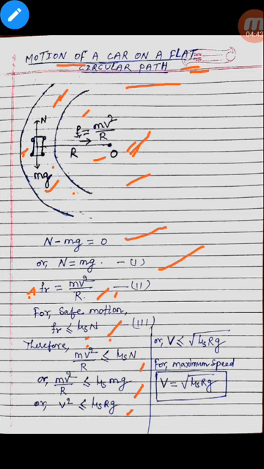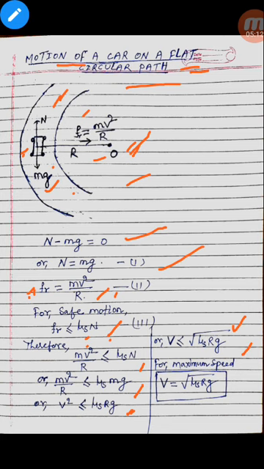Therefore v square is less than or equal to mu s r g, so v will be less than or equal to the square root of mu s r g.